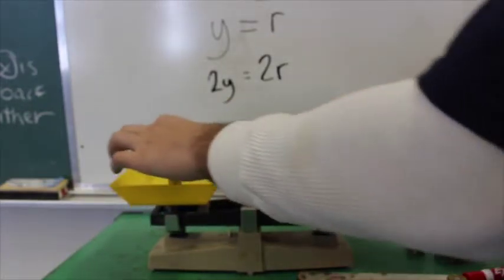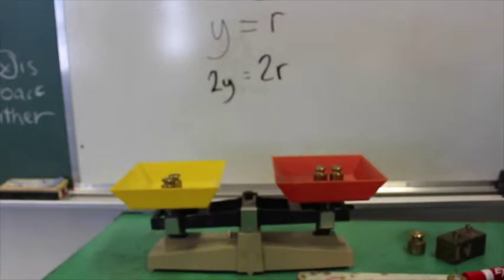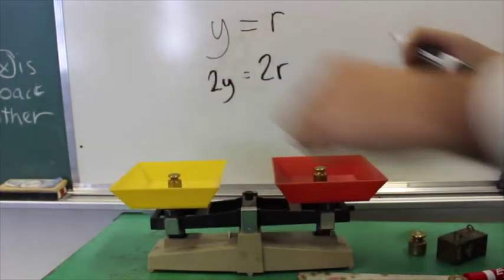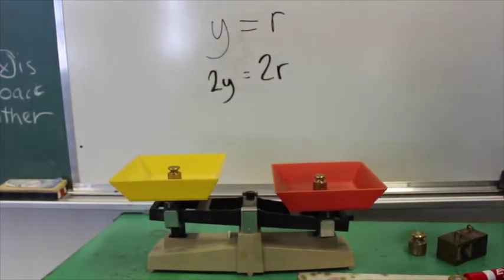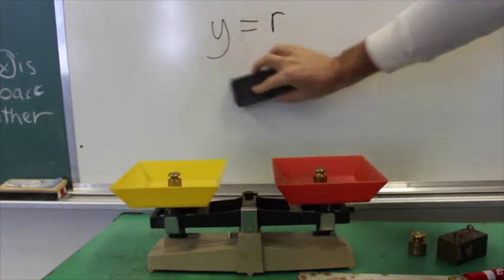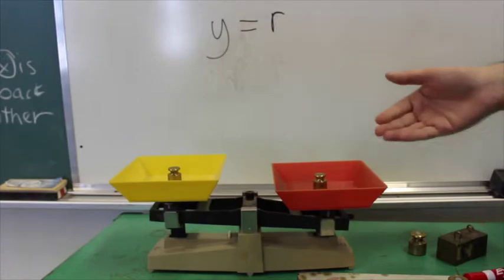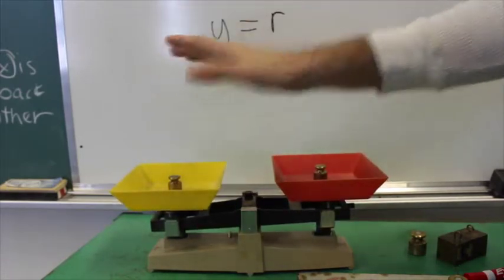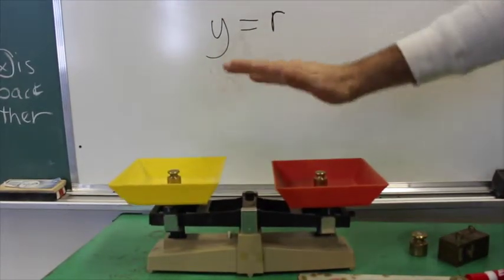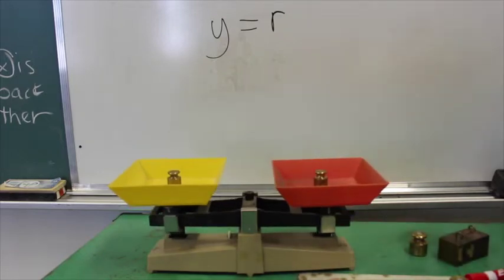So I'll multiply them both, and it'll still be equal. Same thing with dividing. These are the rules we know and love. When we have an equal sign, it means whatever's on the left is the same as whatever's on the right. So we have, in this case, a balance.